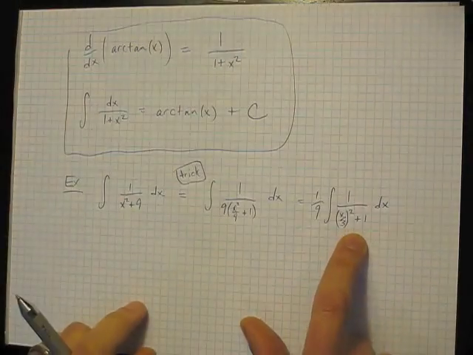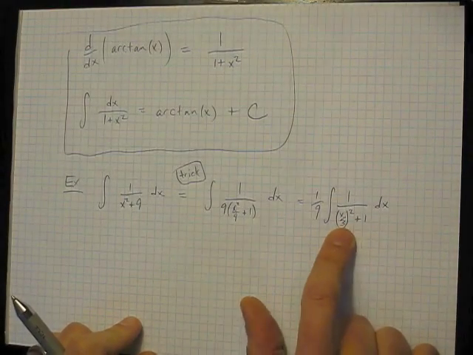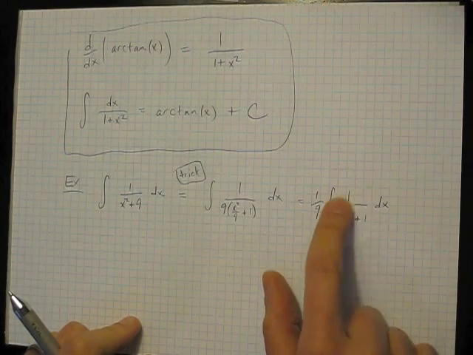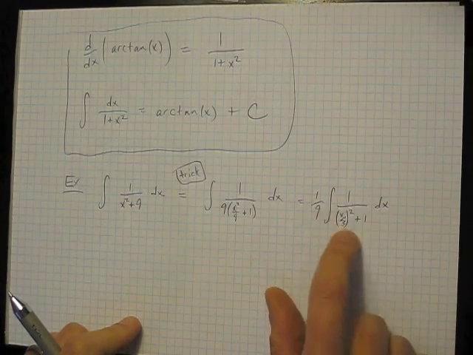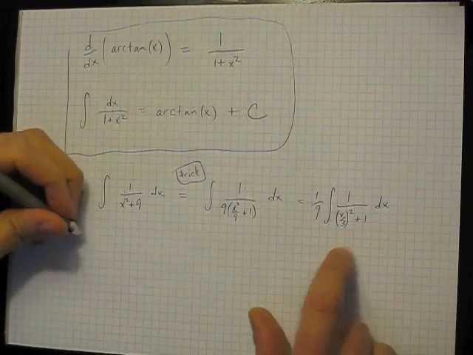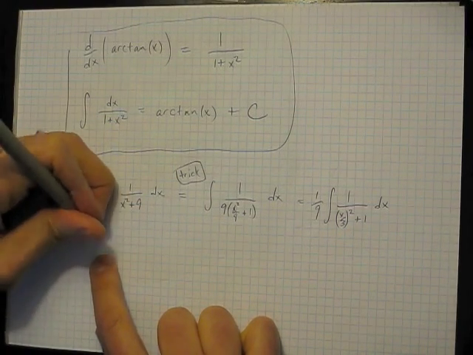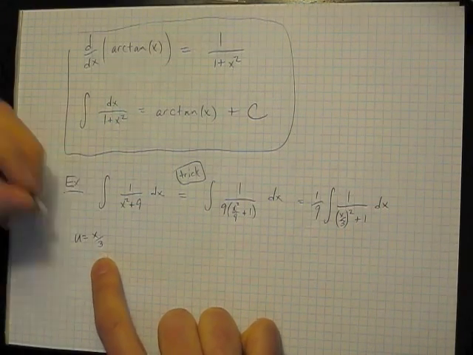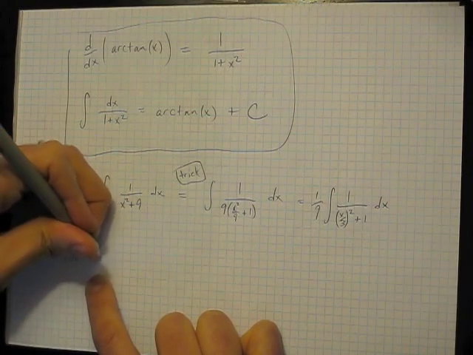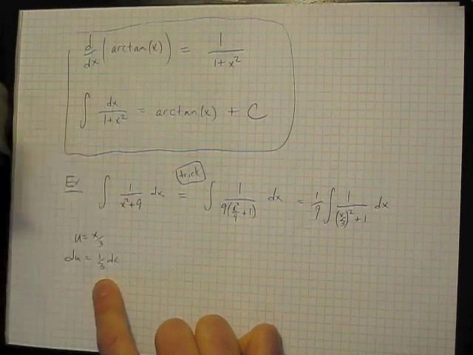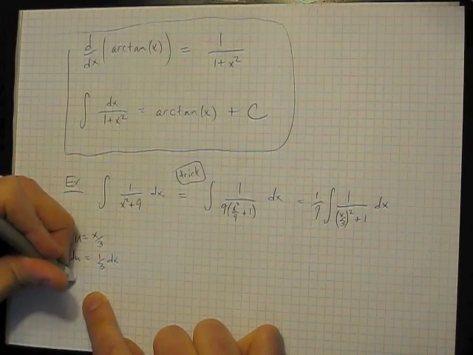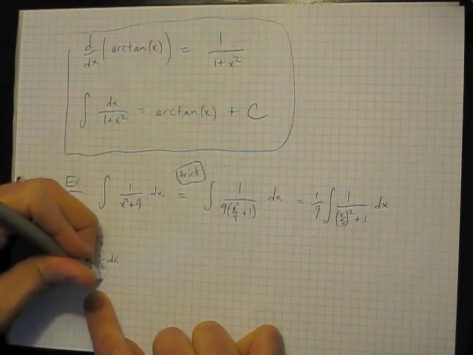You'll understand why this works in just a minute, because now I want to use a substitution. Now this is really starting to look like the derivative of arctangent, and so we just have to make a simple substitution here, and that substitution is u equals x over 3. So du is equal to 1/3 dx, which means that we write 3 du everywhere we see dx.